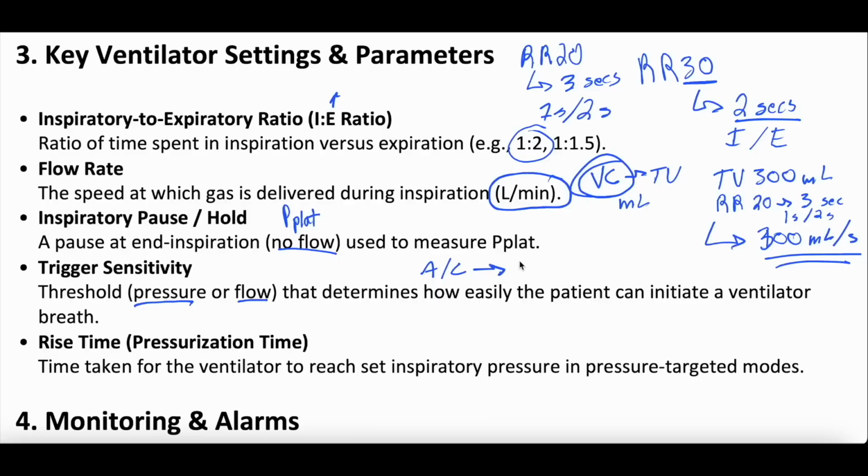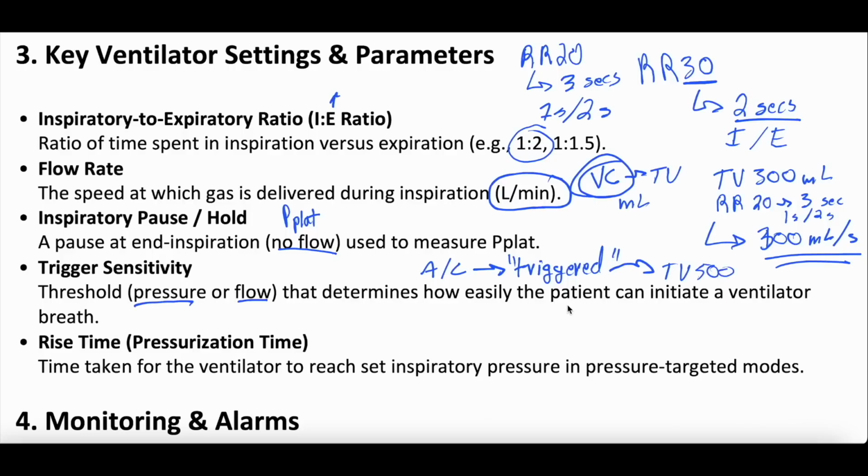Assist control supports patient-triggered breaths. But what does triggered mean? How does the ventilator know the patient is trying to take a breath? And that's where trigger sensitivity comes in. There's a certain threshold. The patient has to mobilize a certain amount of pressure or flow that the ventilator detects, that then triggers the ventilator to say, oh, okay, you want to take a breath. Let me give you the tidal volume of 500 that the person set on the ventilator.